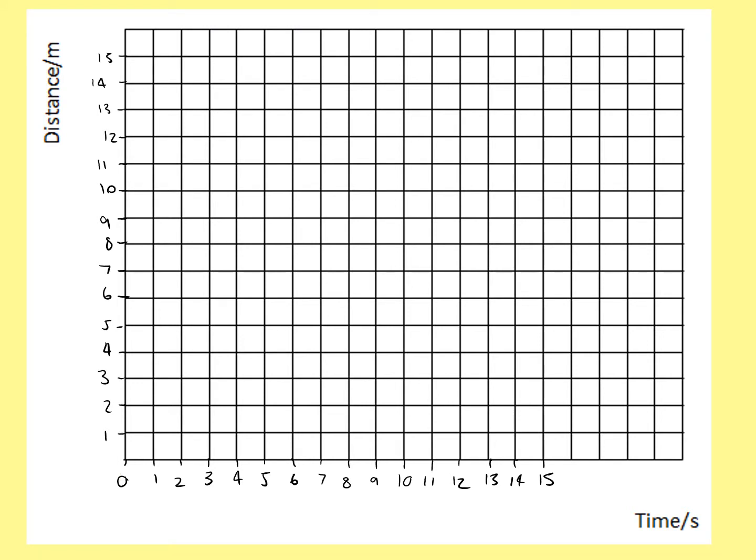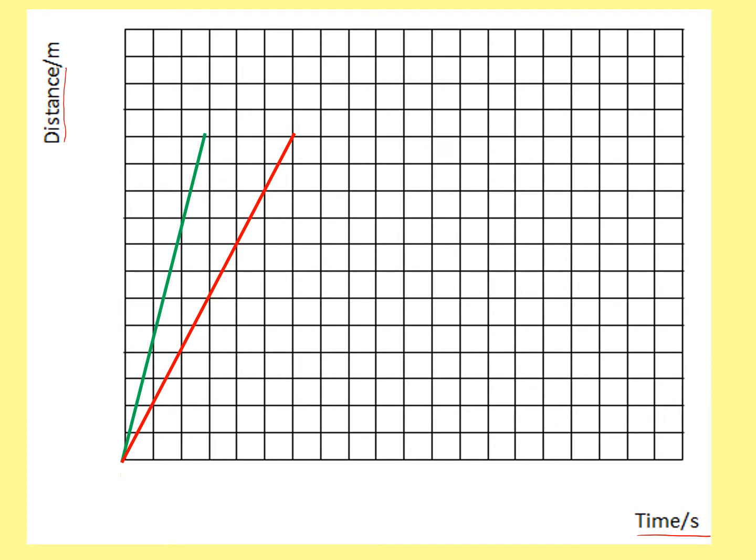Okay, let's start by having a look at a distance time graph. We've got distance on the y-axis measured in meters and time on the x-axis measured in seconds. Let's have a look at two graphs, two lines. There they are. There's quite a lot that we could talk about now.